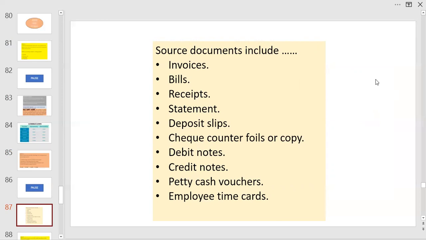Whoever is entering it in the computer, if they enter 7,800 instead of 8,700, the computer cannot detect this. So these types of errors can take place. But once you enter them, they will go through the process perfectly.